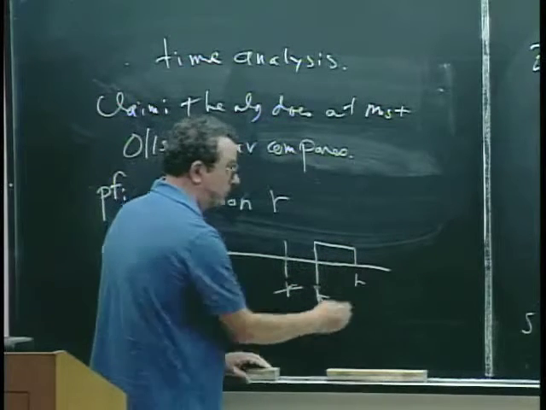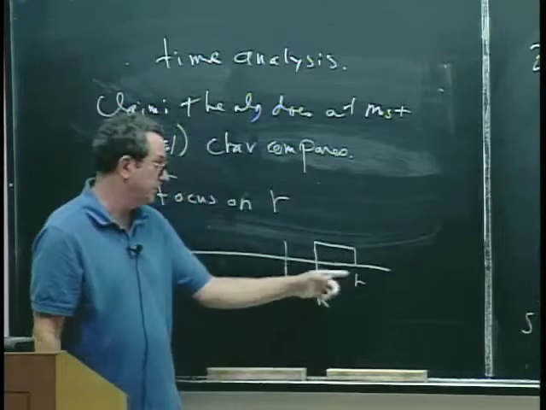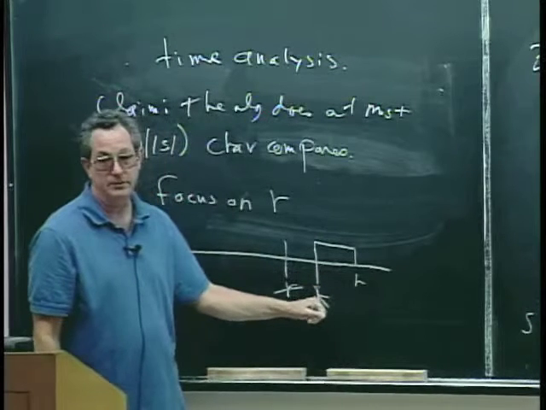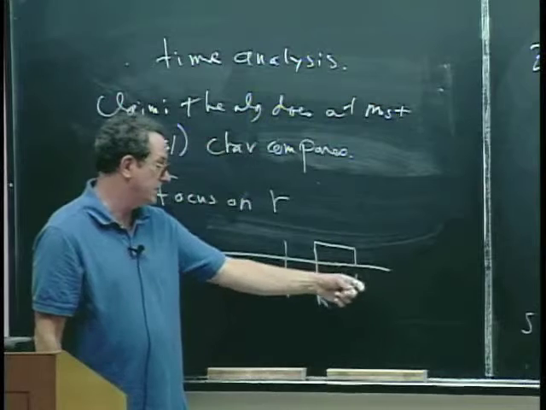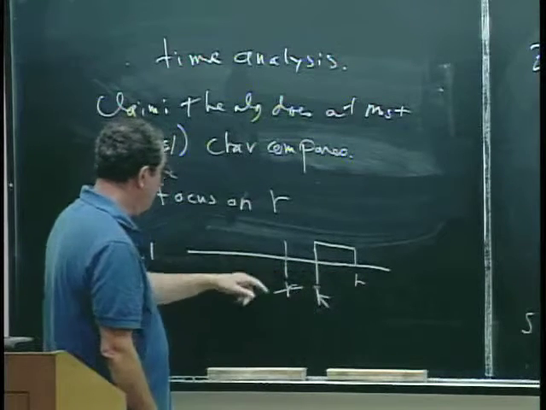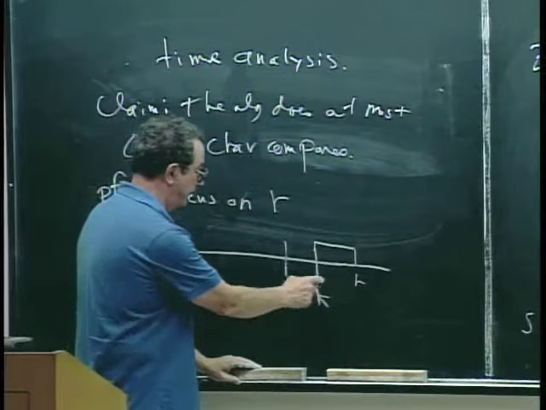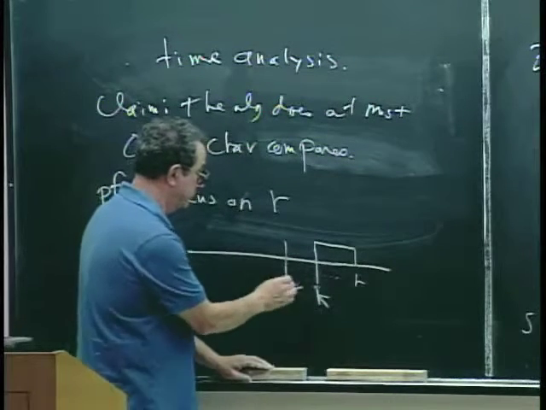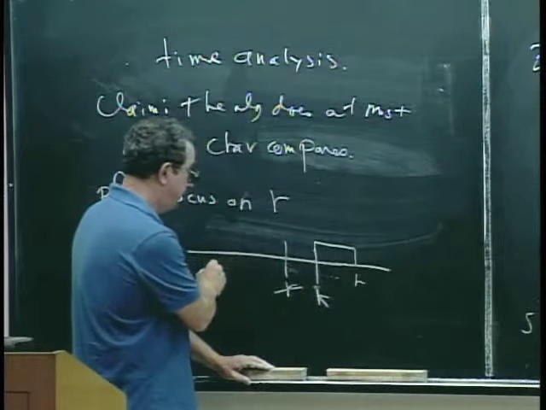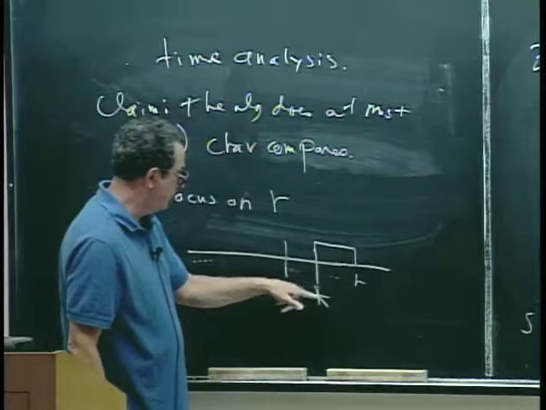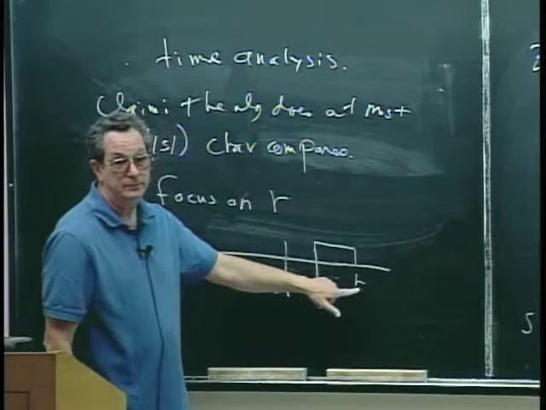R gets moved over, right? Because the rightmost position is now further to the right. After all, k was further to the right, and the rightmost position is to the right of k. So in case 1, if we actually find some matches, then R will move to the right.